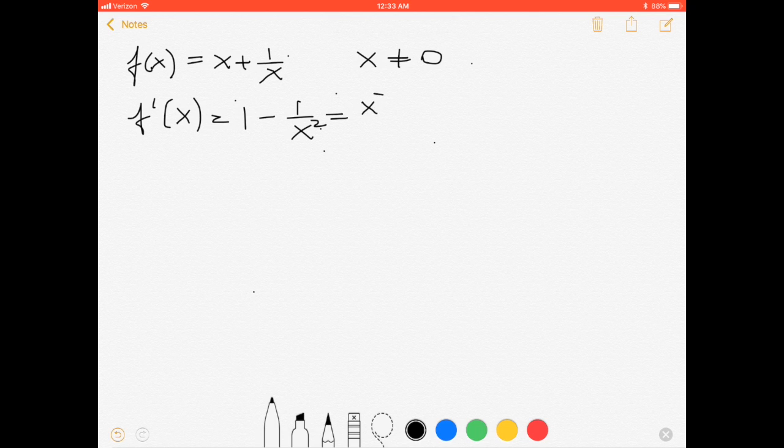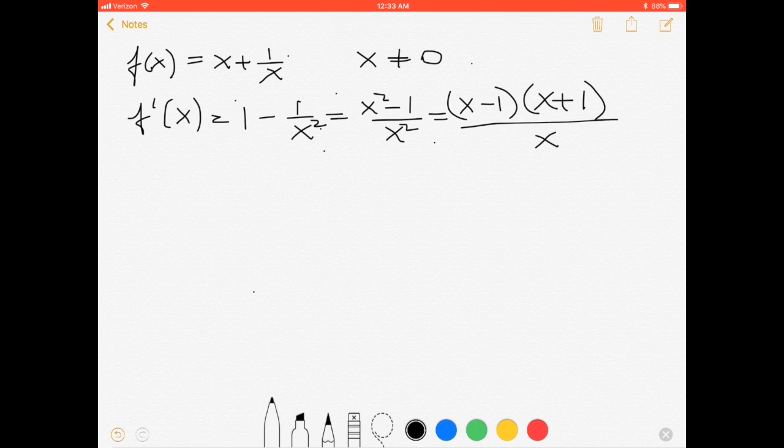It will be x squared minus 1 over x squared. If we factor, it will be x minus 1 times x plus 1, divided by x squared.